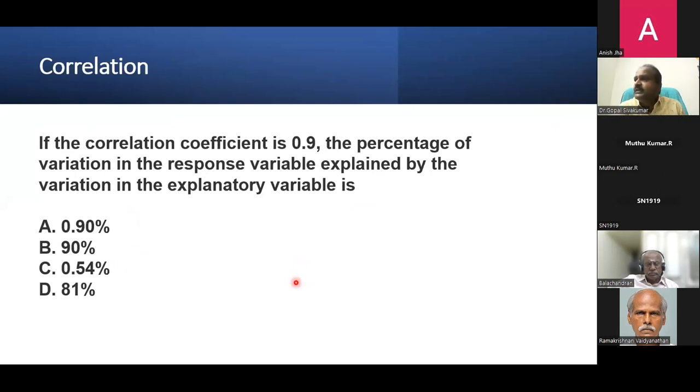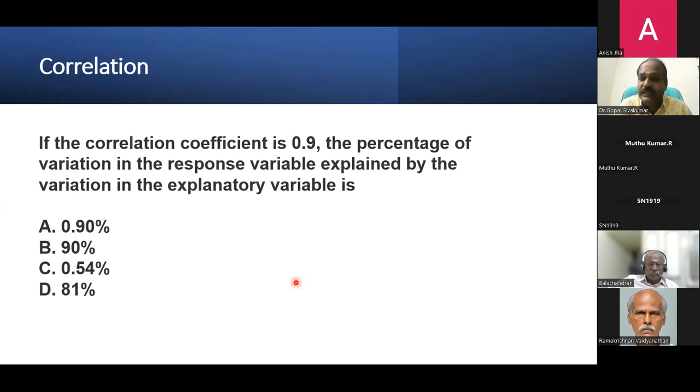If the correlation coefficient is 0.9, you all remember the Pearson correlation coefficient, small r. If the correlation coefficient is 0.9, what is the percentage of variation in the response variable explained by the variation in the explanatory variable, which is your x? 81 is the correct answer.